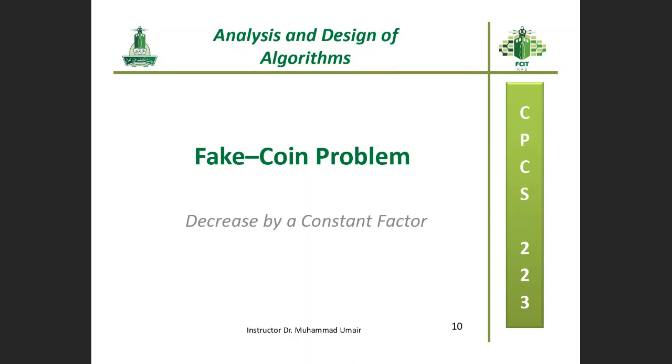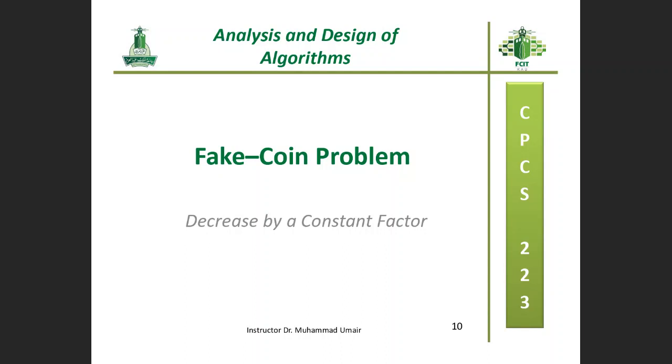The problem statement is that you have some number of coins and one of the coins is fake. For example, you have 10 coins and one coin is fake, but they are very identical.